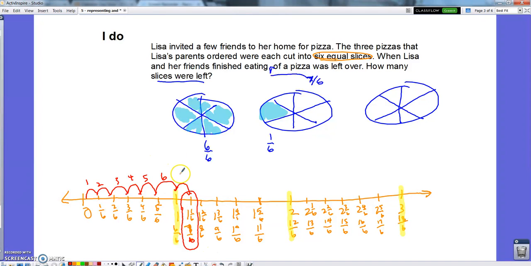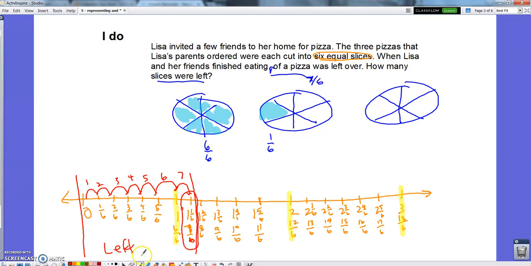So if there's 7 slices left over, there's also 7/6 of the pizza left over, because 7/6 is the 7th multiple of 1/6. So this is the part of the pizza that's left, from here to here.